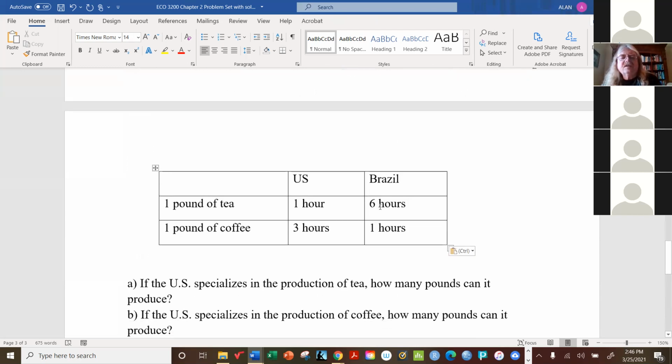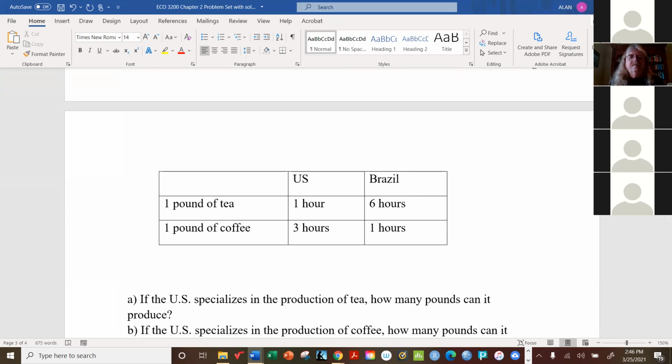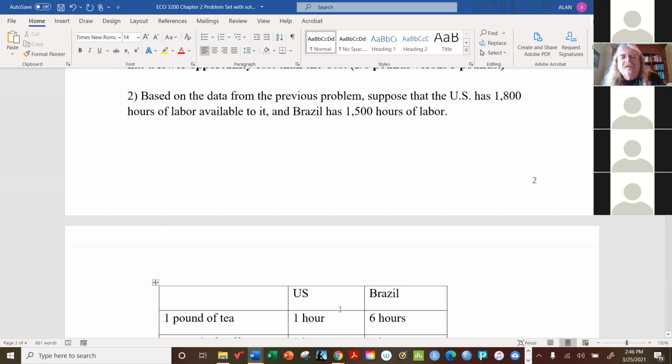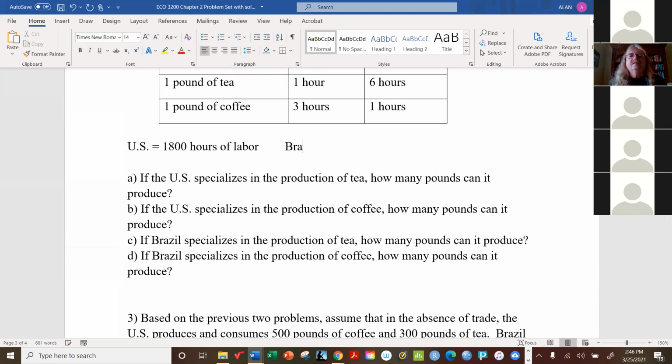So let's remember the US has 1,800 hours, and Brazil has available to it 1,500 hours. All right.